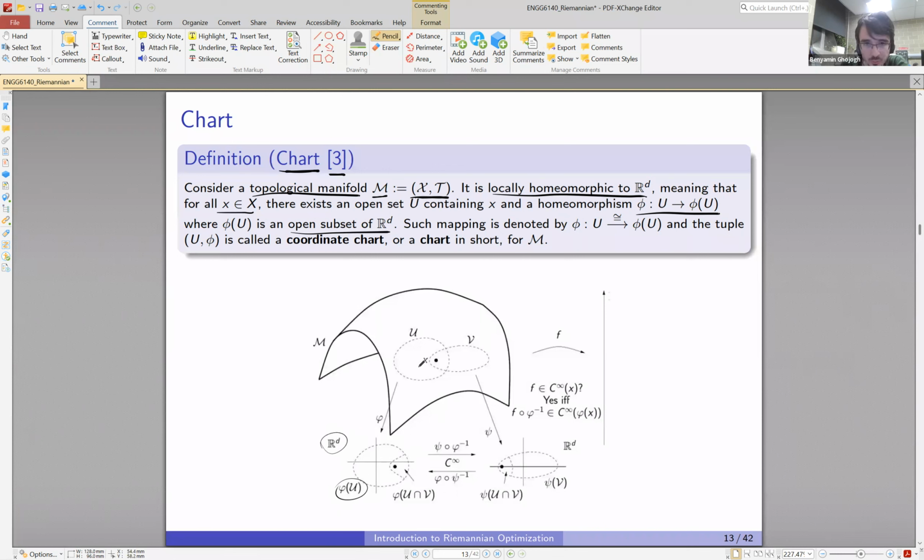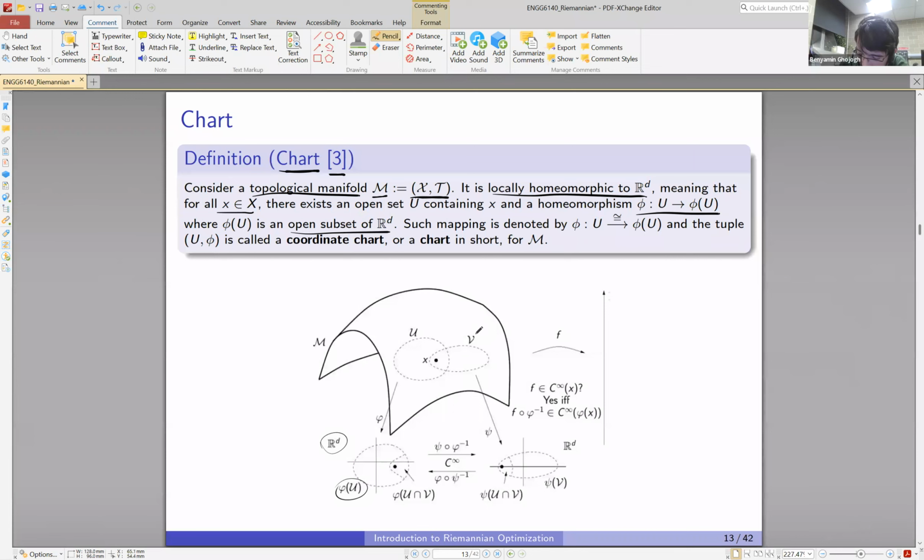Here it is R2. I think it's obvious, right? Because locally it is 2D. So you can imagine this to be in a R2 Euclidean space, right? Although this is curvy, you can deform it to become flat in the two-dimensional space. So this is phi of U.